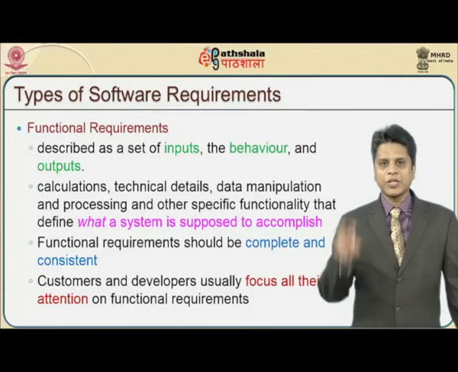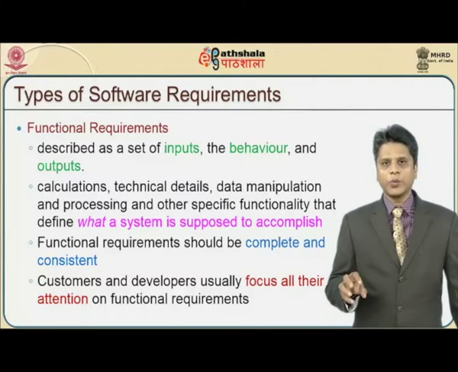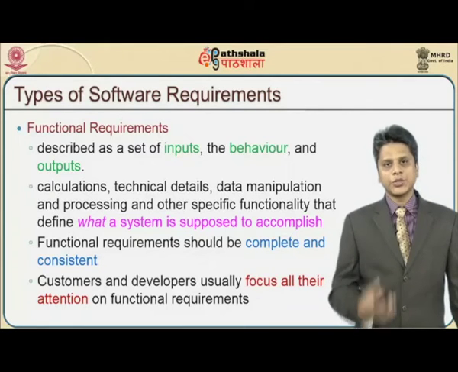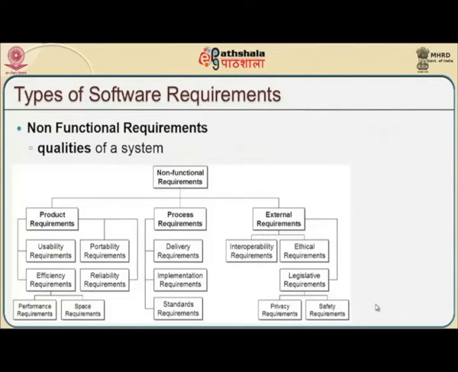But this best quality product would come out with the basic functionalities and the behavior that the system has to do. Talking about the second type of software requirements, which is non-functional requirements, which has to do a lot with the quality of the system. Non-functional requirements are basically of three categories: product requirements, process requirements, and external requirements.